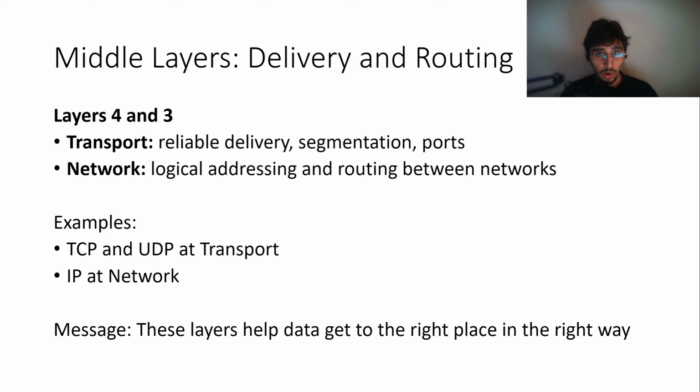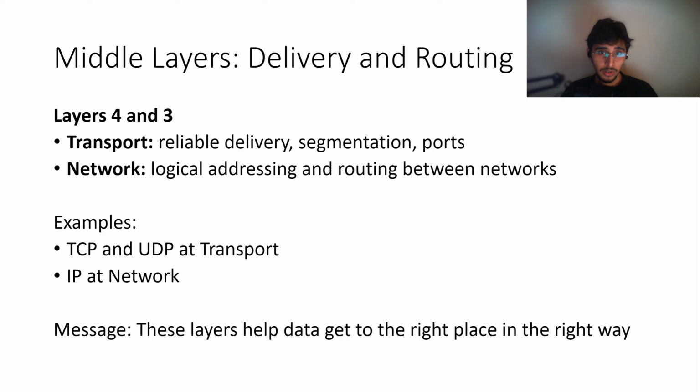The middle layers, or the delivery and the routing. Now we get to the layers that do a lot of heavy lifting. The transport layer is responsible for end-to-end delivery. This is where reliability, segmentation, and port numbers come in. Protocols like TCP and UDP live here.